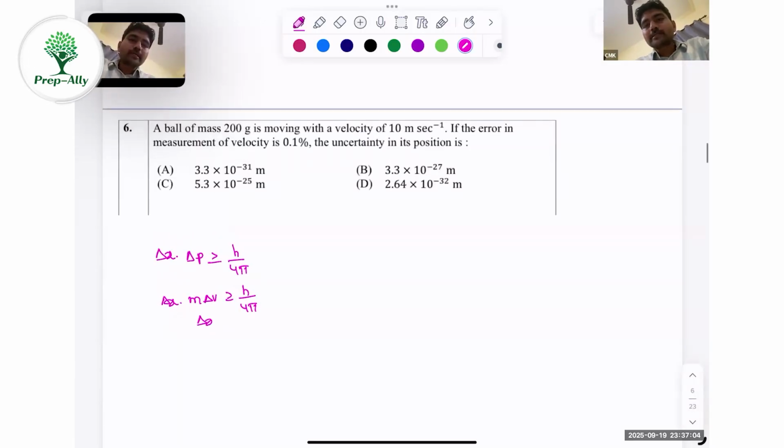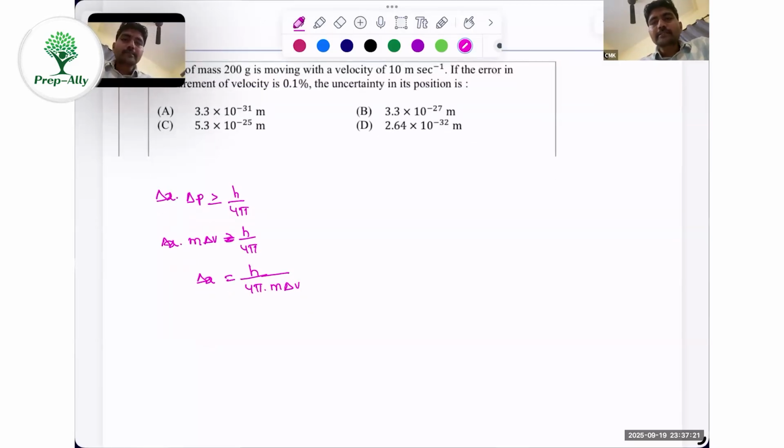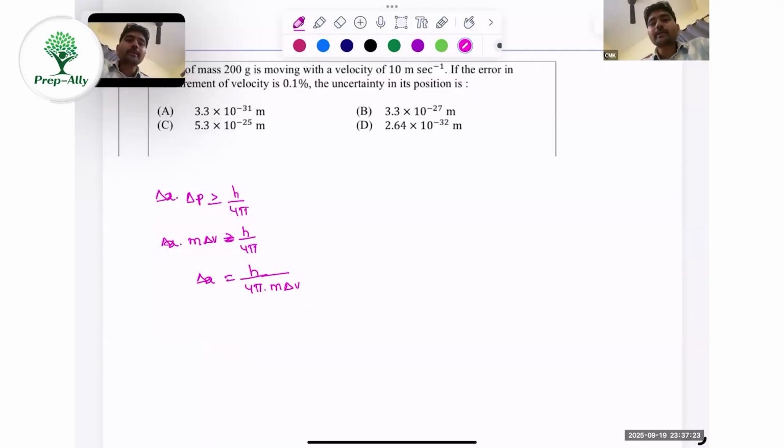I am taking delta x directly equal to h by 4 pi into m delta v, with m delta v sent to the right hand side. So delta x is equal to h by 4 pi m delta v. But an error is associated with the velocity given.